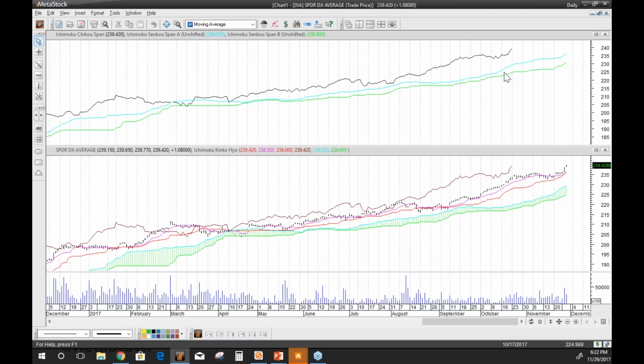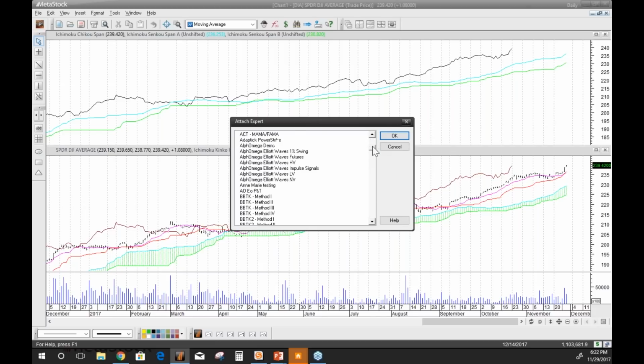That's really kind of simple because a lot of the aspects of Ichimoku Master make it so you don't ever have to actually look at any of that. So what we're going to do is show you exactly what Ichimoku Master is doing. We're going to go ahead and apply the Ichimoku Master Expert Advisor. Now, when we look at this, we will notice that there are three different expert advisors.